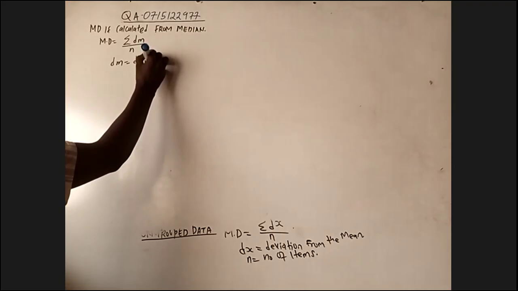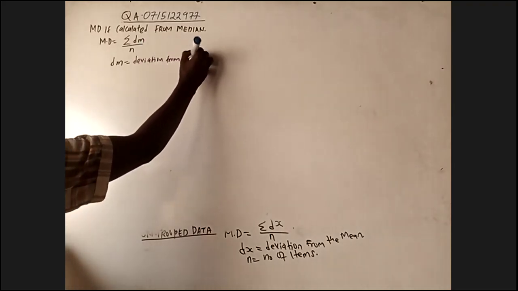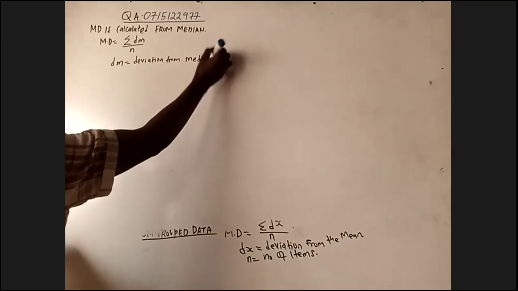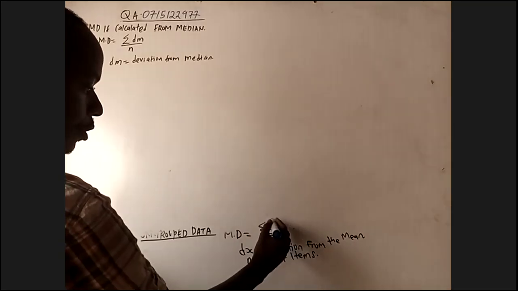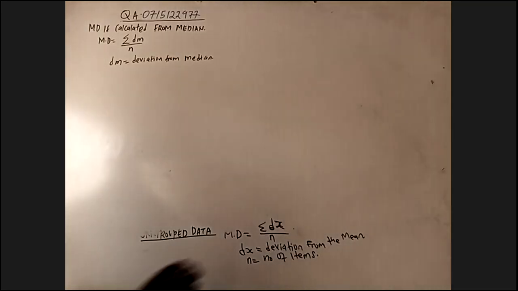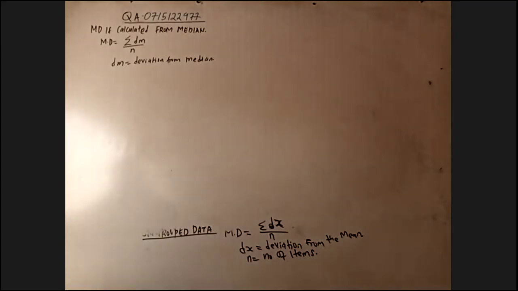Remember, when using the mean, dx is the deviation from the mean; in this case, m is the median, so it is the deviation from the median.